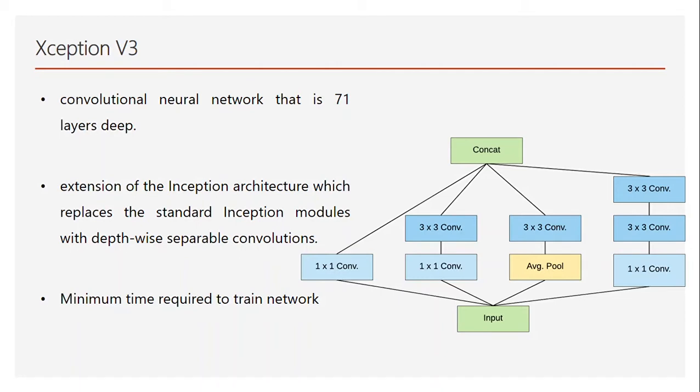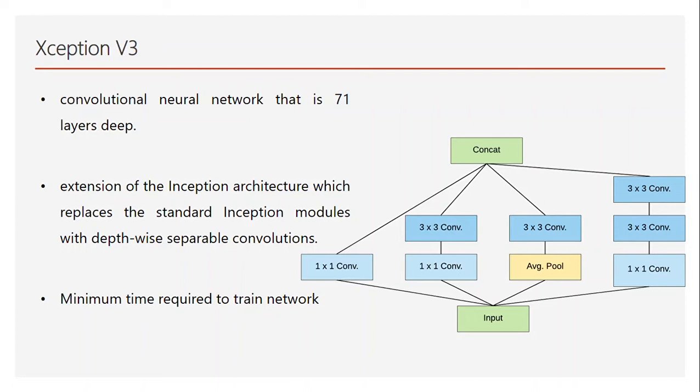In our next model, we use XceptionNet. It is an extension of the InceptionNet architecture, which is 71 layers deep, and the core idea behind it is depth-wise separable convolution.